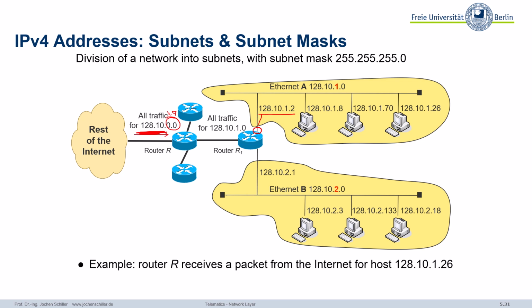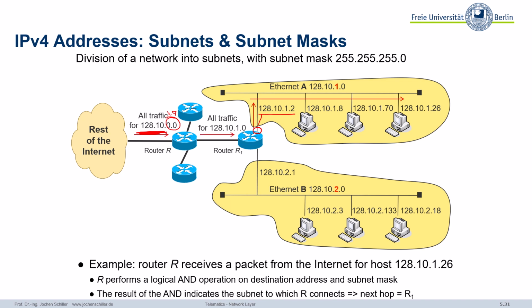And if you then receive a quite concrete packet for a certain router, then you know where this goes. You perform this logical operation on destination address and subnet mask, and depending on where you are, you simply forward it and you know, oh okay, this goes to this router. The router then has to know where to further subdivide, and there are many configurations possible.